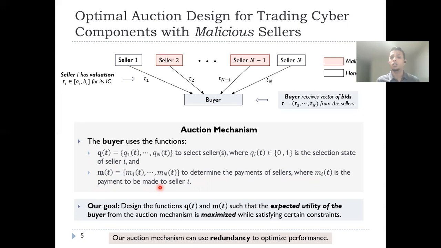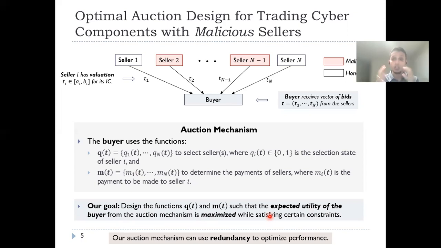So now what will be the goal? The goal of the buyer is to figure out what will be the Q of T, which sellers to choose, and how much payment to make, such that their expected utility is maximized from the auction mechanism while satisfying certain constraints.